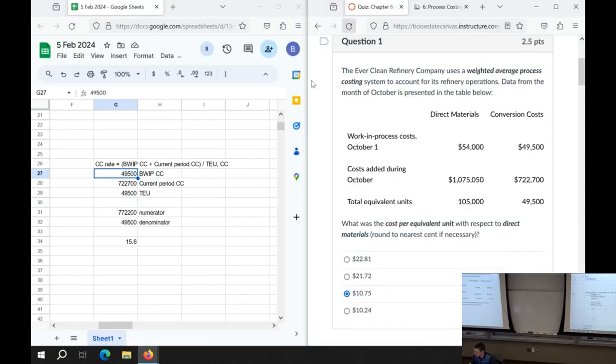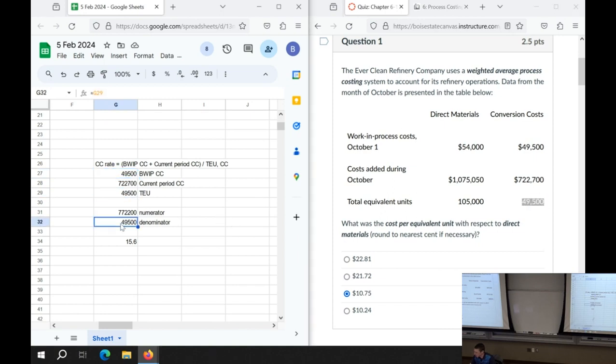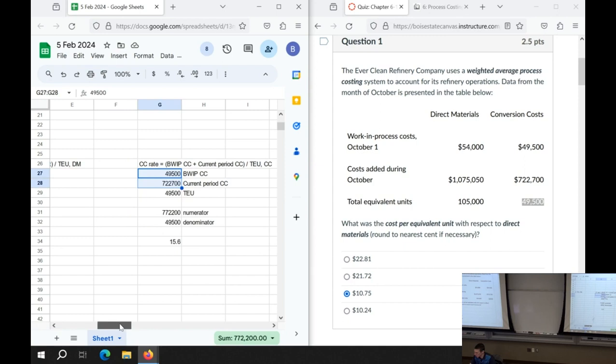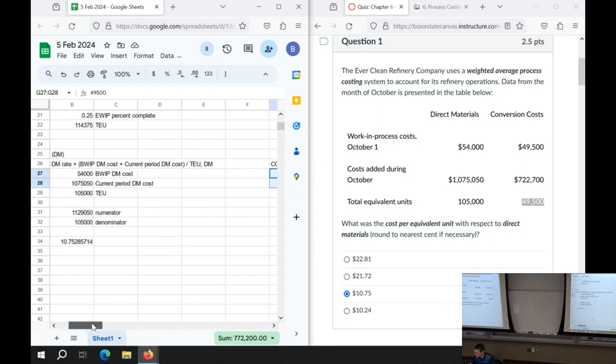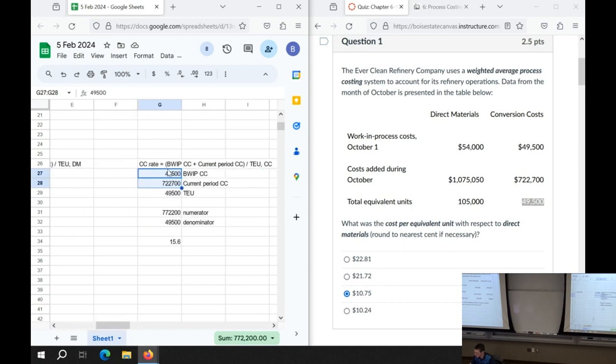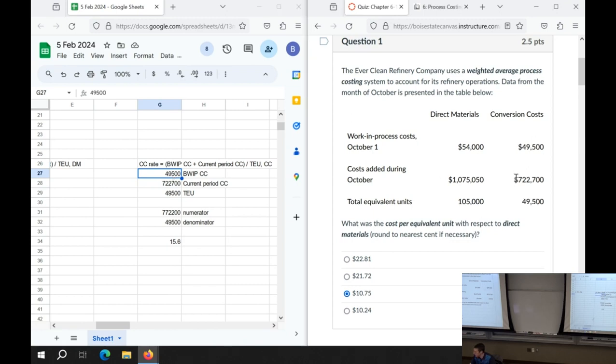And I changed some of the little information here. So we have 49.5 as our TEU, our denominator, and we have two different numbers in the numerator under conversion costs compared to direct material. 49,500 beginning WIP, 722,700 rather for current period conversion costs.